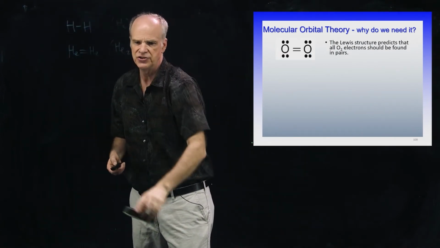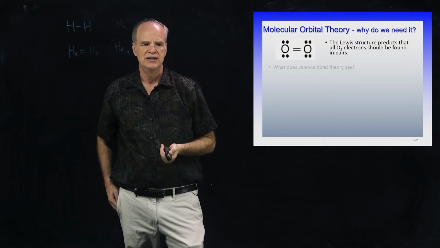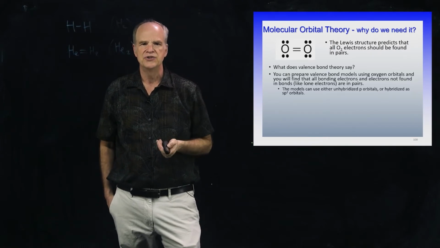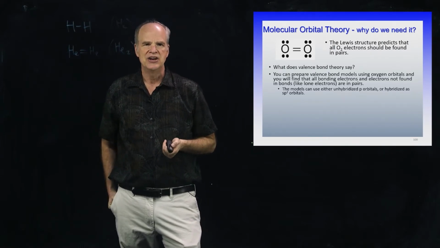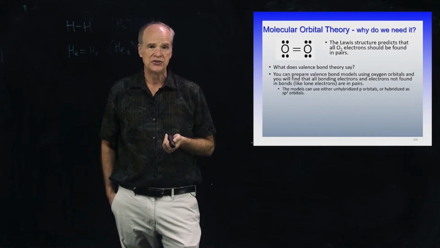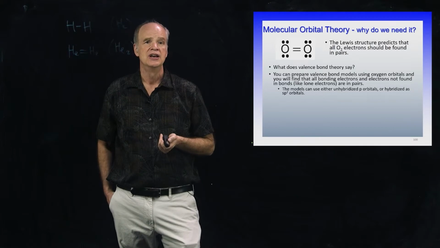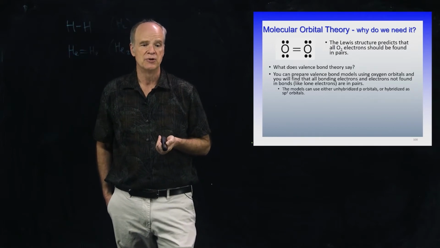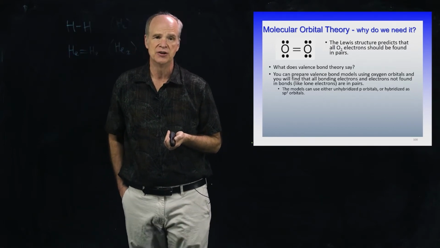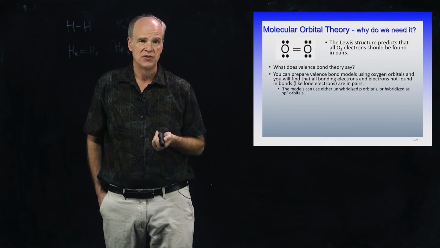I want to describe this in detail with this example, which I think is pretty easy to understand. Let's look at the Lewis structure of diatomic oxygen. You can see that we have 2 oxygen atoms held together with a double bond. Each of those lines in the bond represents a pair of electrons.